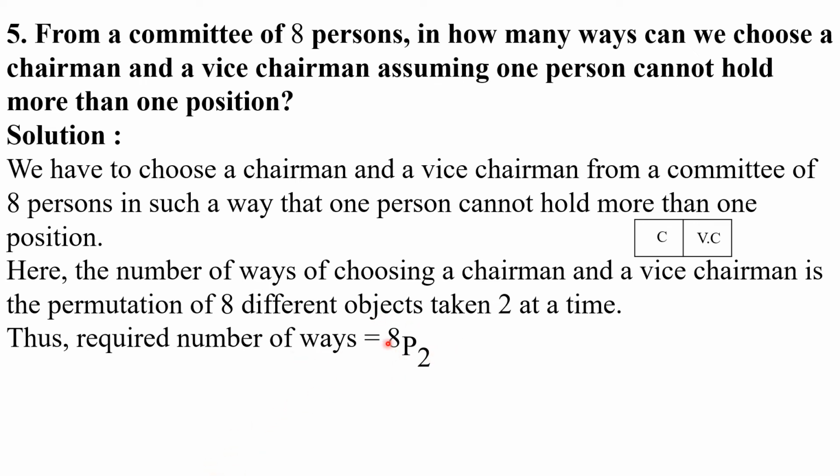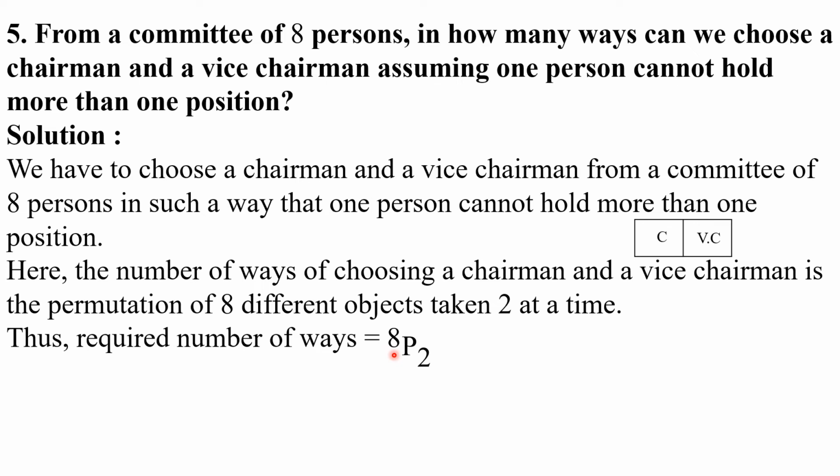Now come to this question. We have to find the value of 8P2. How do you find it? Previously also I told you, we have to focus on the subscript of this notation. What is the number in the subscript here? 2. So we write two factors, starting with 8, in descending order of natural numbers.